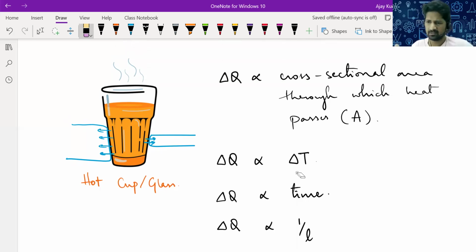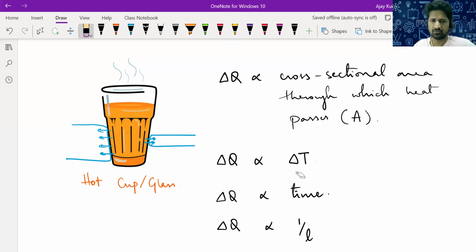Now you may have seen cups made of different materials. Some cups, even if you put hot liquid in them, from outside they feel normal only, or they don't feel that hot because they are made of materials which don't allow quick transfer of heat. On the other hand, some cups like steel or glass allow very quick transfer of heat, especially metals.